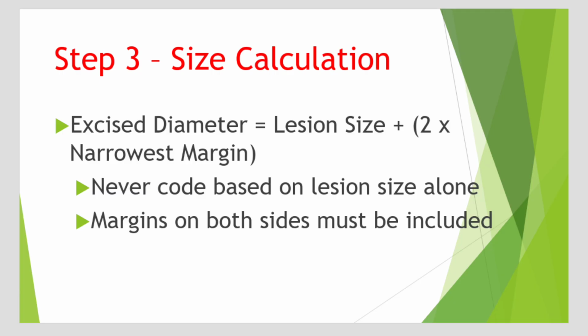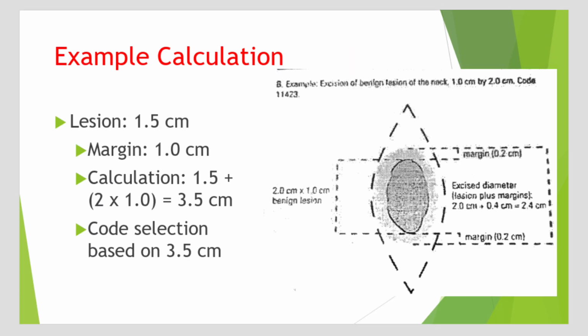Okay. Example: if the lesion measures 1.5 centimeter and the narrowest margin taken is 1 centimeter, then the calculation will be based on the formula, that is lesion size plus narrowest margin times 2. So the lesion size is 1.5 centimeter plus narrowest margin is 1 centimeter, so 1 times 2, 2.